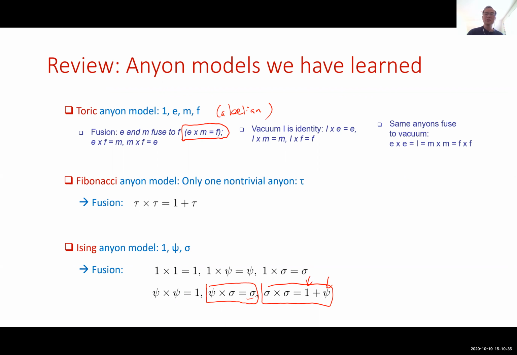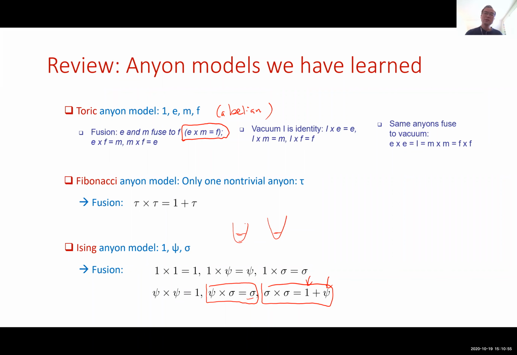Okay, maybe it's clear if you go back to our model with vortex, two vortex. Each one has a Majorana fermion mode, zero mode, and two of them form a fermion.